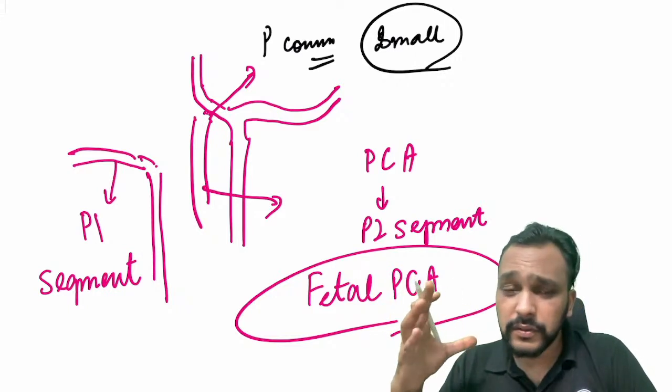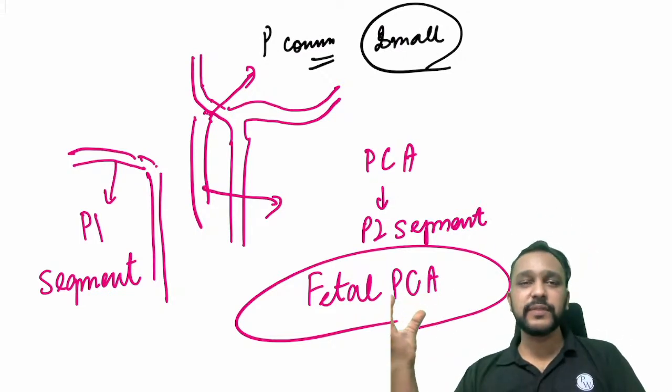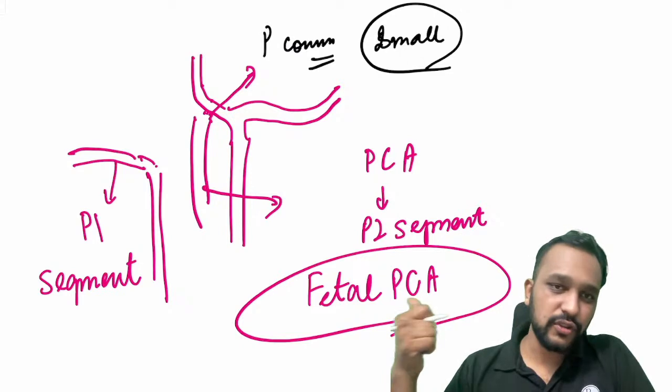When the caliber of this posterior communicating artery is large enough, it can even result in thrombosis of the posterior part, that is the occipital lobe.